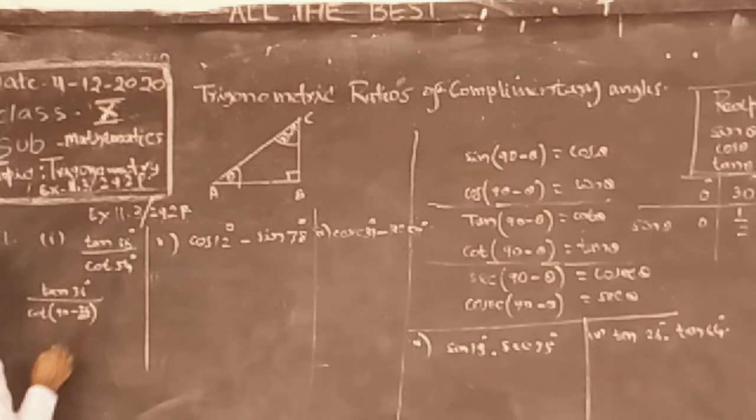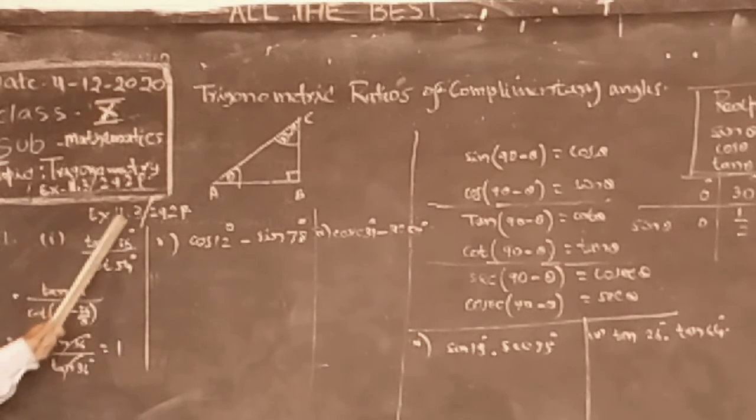In place of theta there is 36. That is written as tan 36 degrees by cot of 90 minus theta. Here theta is 36. Cot 90 minus theta is tan theta, theta means 36 degrees. Both are the same, so the answer is 1.